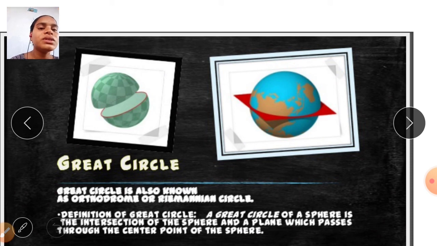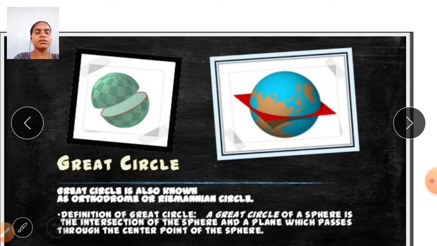And also we know the great circle. What is meant by a great circle? Here also we can consider one sphere and a plane equation. First of all, what is meant by a great circle? In the plane section of a sphere, we know that the intersection of the plane and the sphere together gives a circle.